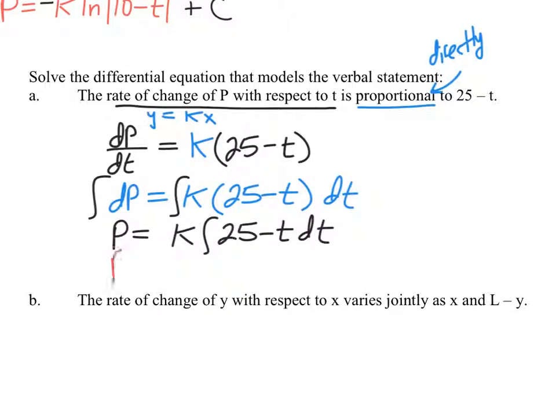And what is the antiderivative of 25 minus t dt? 25t minus a half t squared, or 25t minus t squared over 2, as I heard someone say. Plus the c.